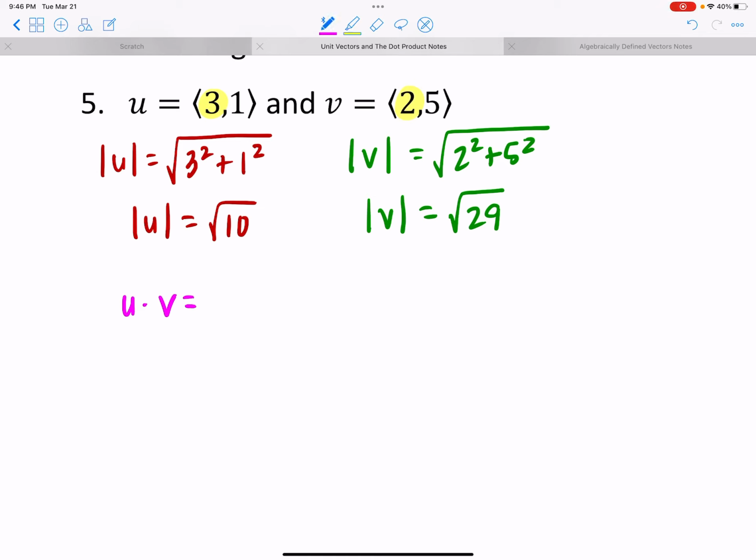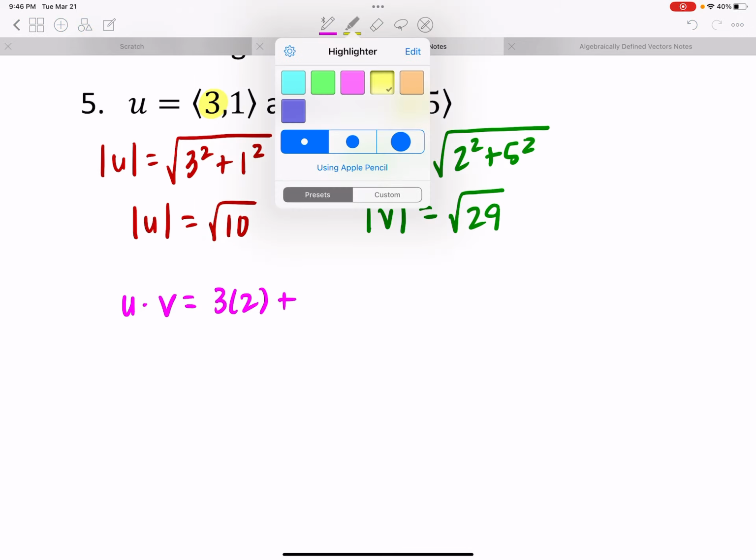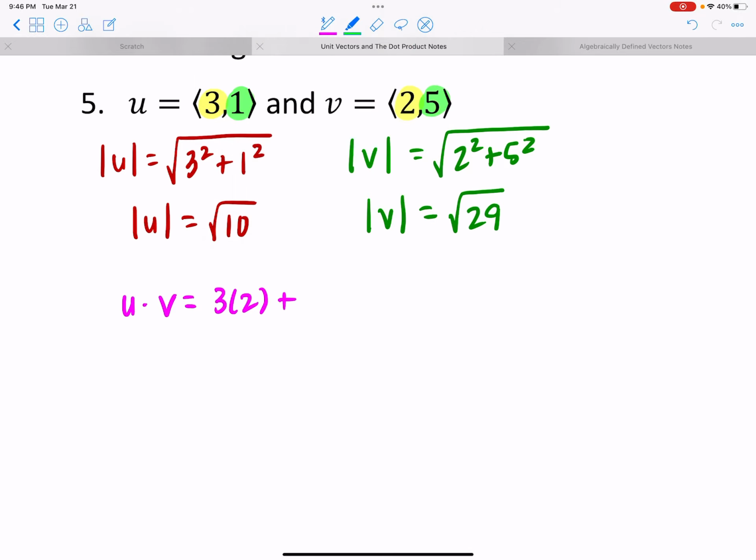That's going to be 3 times 2 plus, I'm going to multiply my vertical components, so 1 times 5. 3 times 2 is 6, 1 times 5 is 5, and 6 plus 5 makes 11. Now I have all the information I need to find my angle.